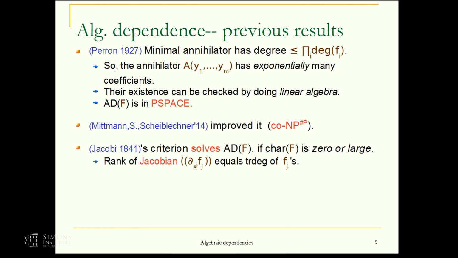It's an n cross m matrix, a symbolic matrix whose entries are polynomials. Over the function field, whatever the rank is, that is equal to the transcendence degree. So the question reduces to checking the rank of a symbolic matrix, which you can solve in randomized polynomial time by fixing the variables.